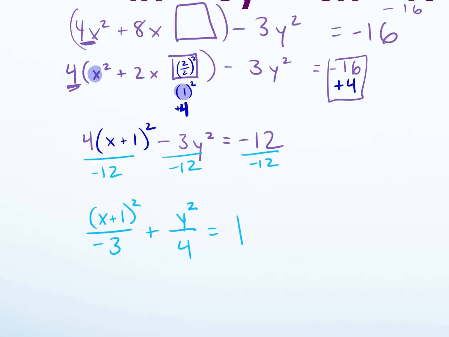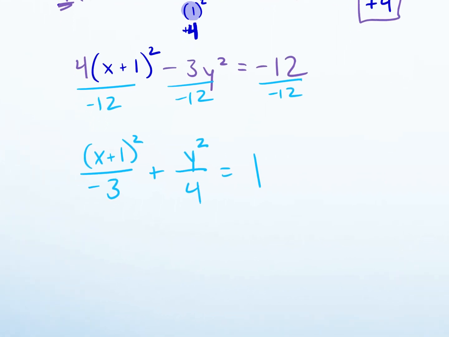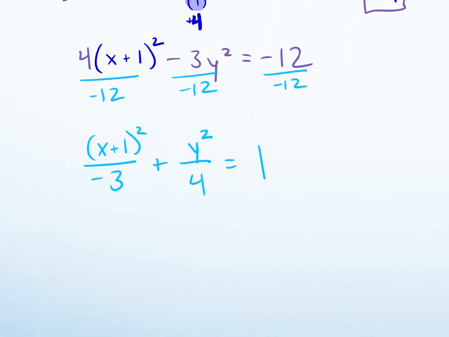Is this in standard form? Why not? It's not. Why not? The -3. What do I need to do to make it in standard form? What does our hyperbola equation have to have in the middle? A minus. Right now it has a plus. We just need to flip the 2 here, the x and the y.